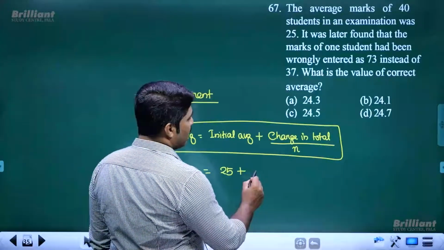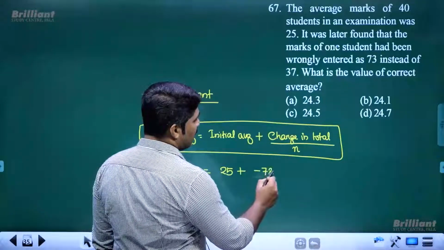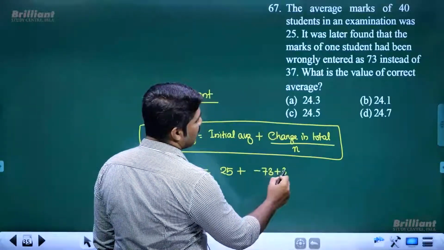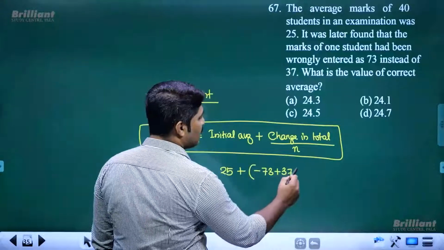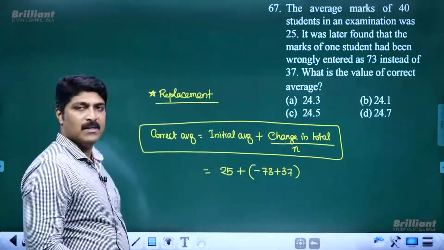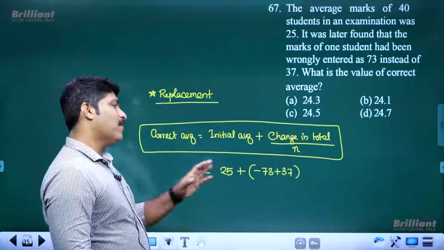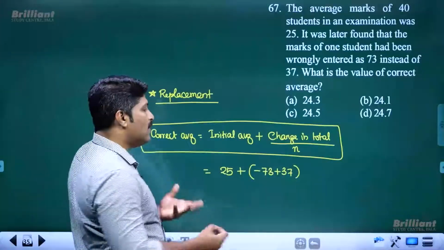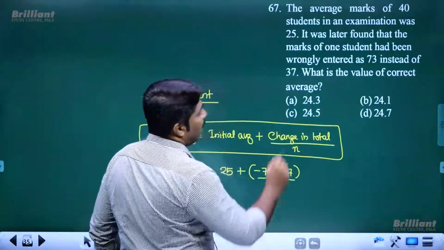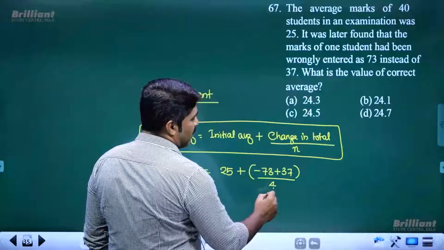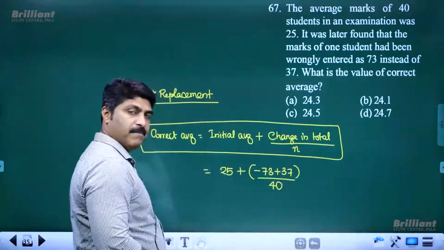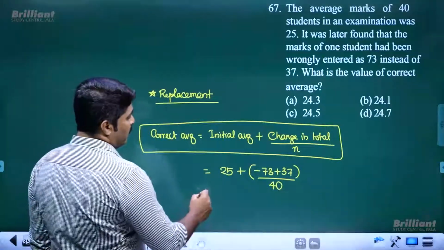We are removing 73 but inserting 37. That's the operation here. So this is divided by the number of observations. Here the number of observations is 40.